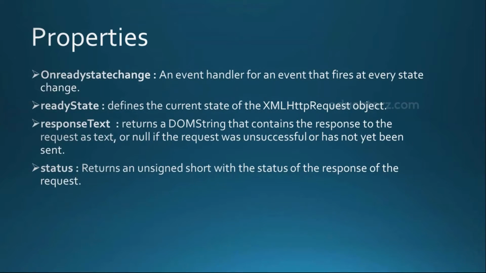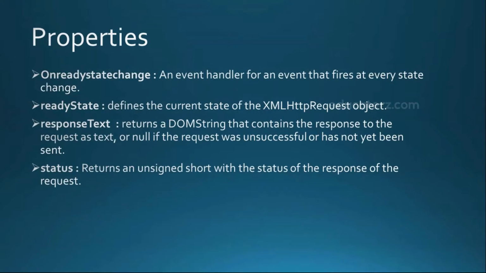First let's check some of the parameters, like onreadystatechange. This is an event handler which will be fired when there is a change in the state, like whether there is progress, or whether it is ready, or any kind of state change. It will trigger the event handler.